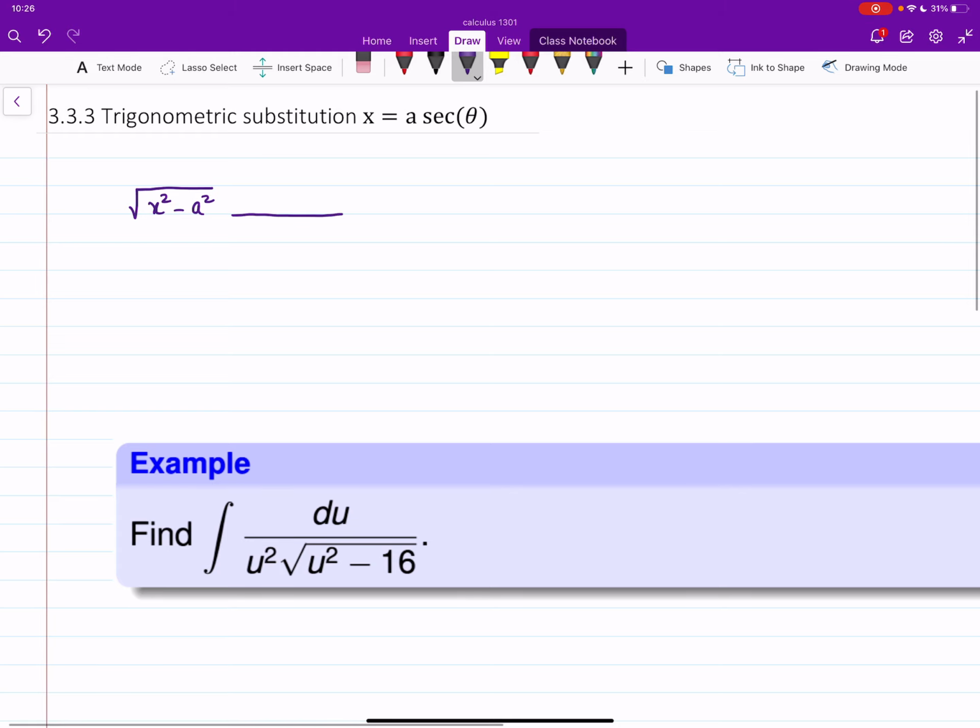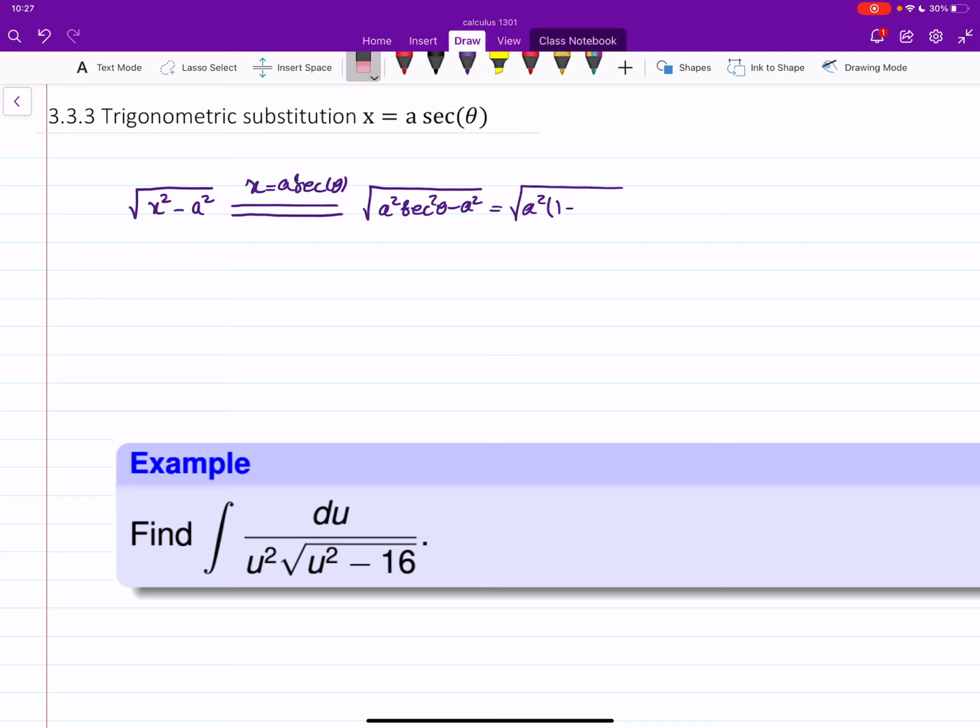Then, if you set x to be a secant theta, this will give you a squared secant squared theta minus a squared, factor a squared. What you notice is that secant squared theta minus 1 can be replaced by tan squared theta.